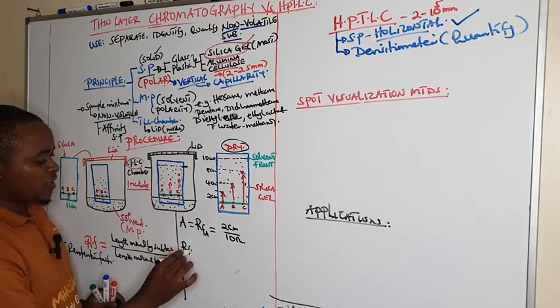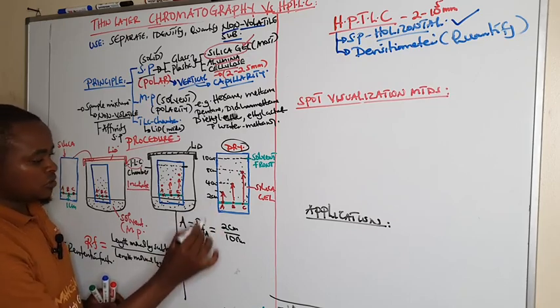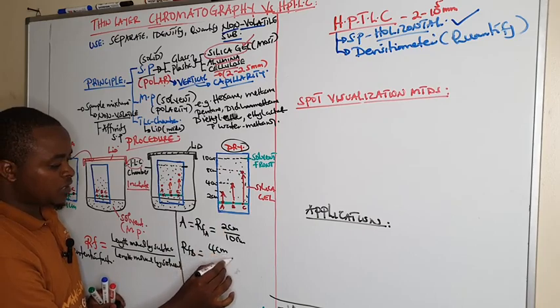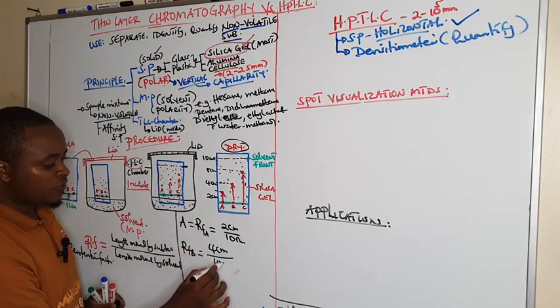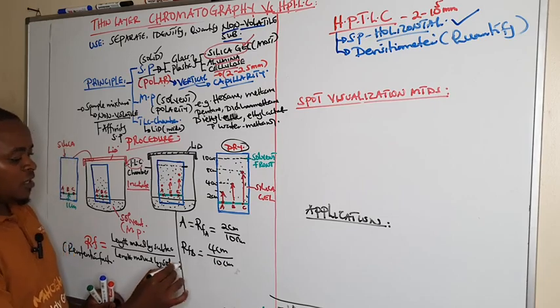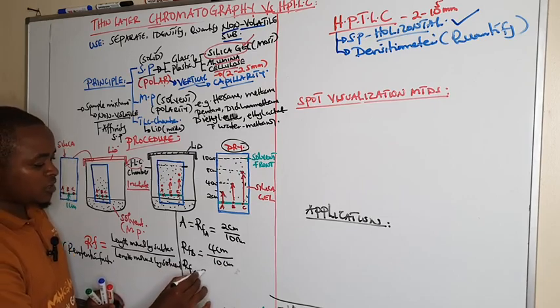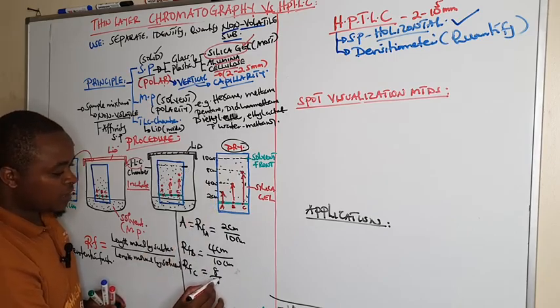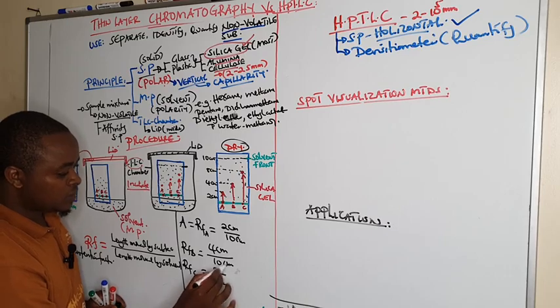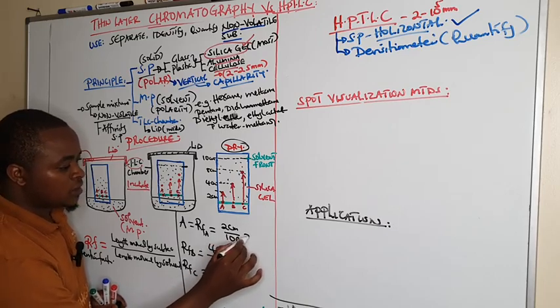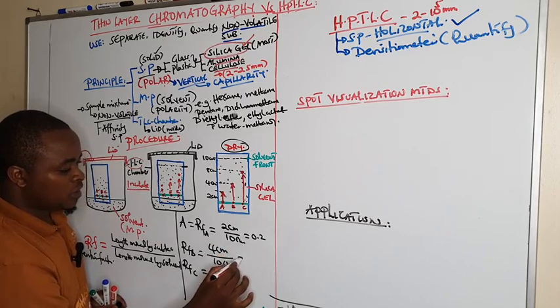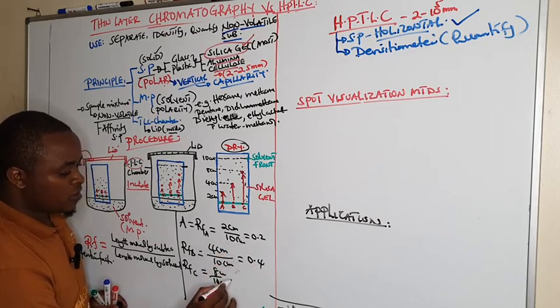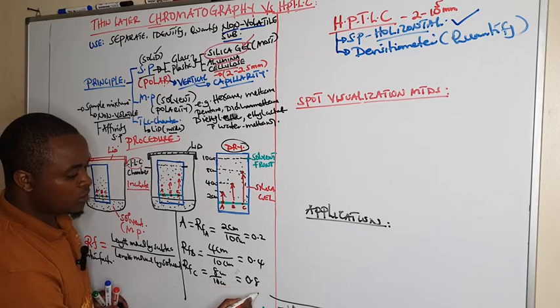Then the retention factor of B is equal to 4 centimeters, which have been moved, divided by the solvent front. Then for retention factor of C, it has moved 8 divided by 10 centimeters. Here we are getting 0.2, here we are getting 0.4, here we are getting 0.8.